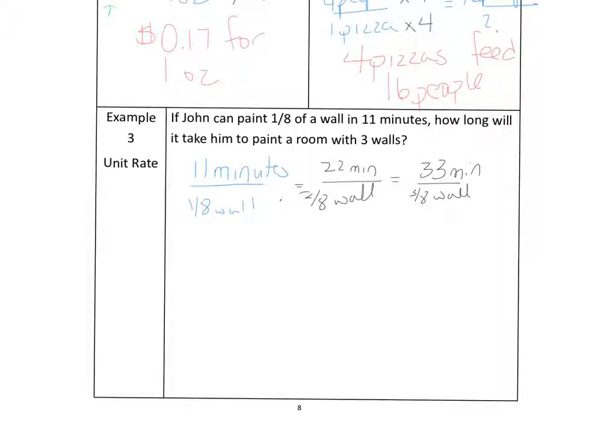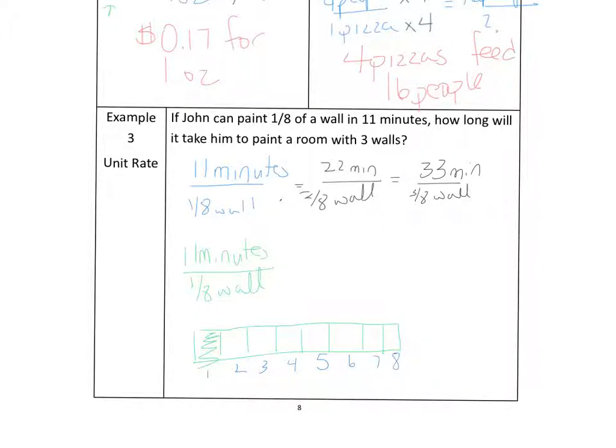Until we got up. Or we can think of it this way. If we can do 1/8 of a wall in 11 minutes, hopefully you know from fractions that it takes 1, 2, 3, 4, 5, 6, 7, 8 eighths.